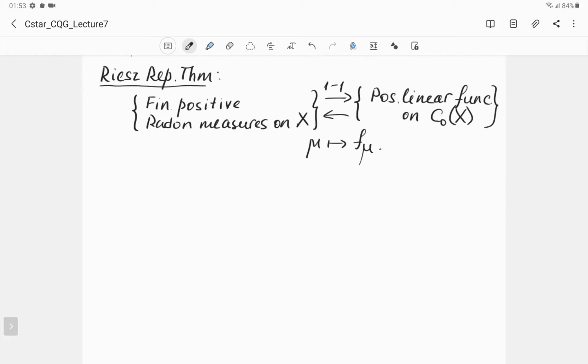Okay, let's now look at something non-commutative. Example 3. Probably the simplest example of a non-commutative C-star algebra is the algebra of square n by n matrices. So let A be the algebra of square n by n complex matrices, or, which is the same, the algebra of bounded operators on a finite dimensional Hilbert space.